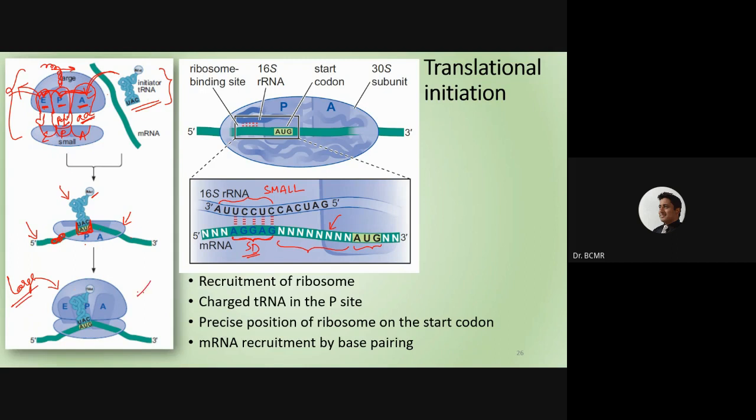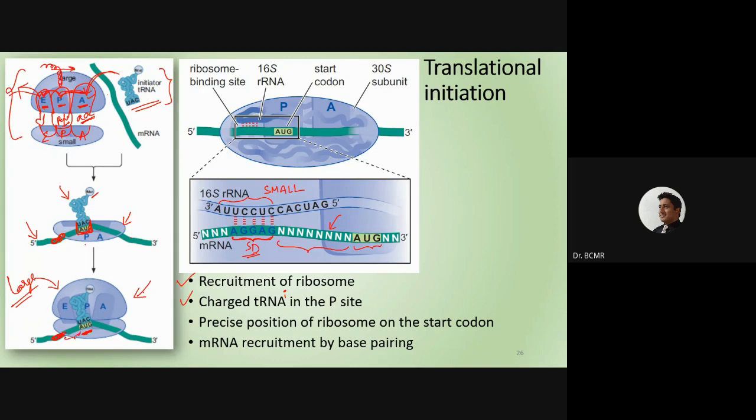That is how initiation happens. So you can break it into recruitment of the ribosome and the charged initiator tRNA. You have to remember the charged initiator tRNA in the P site, and precise positioning of the ribosome on the start codon. So this is the ribosome binding site, and here is the start codon.